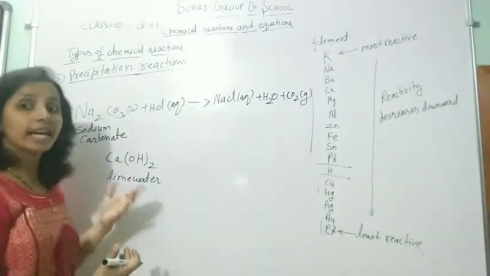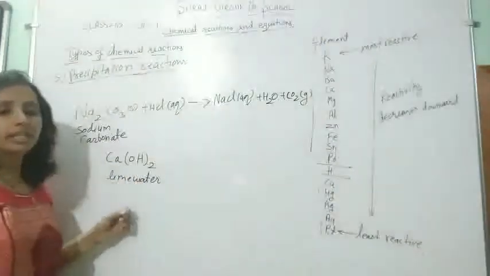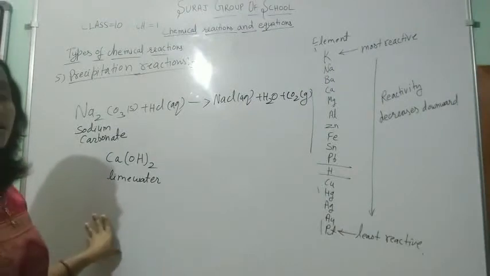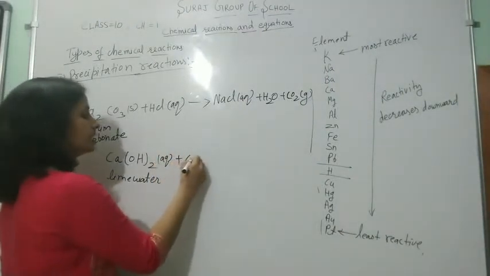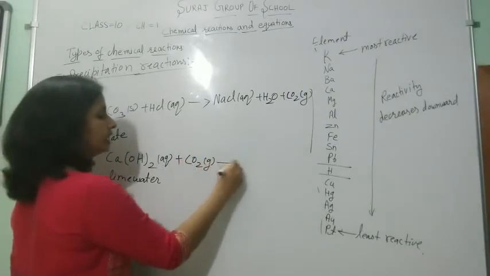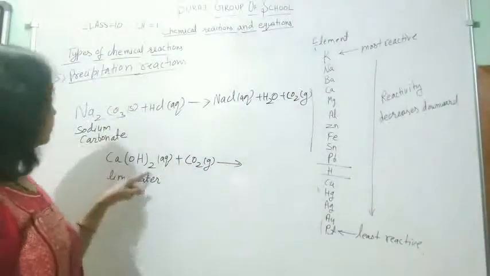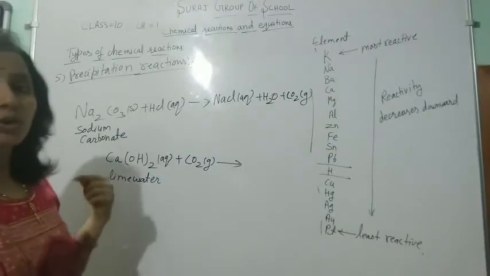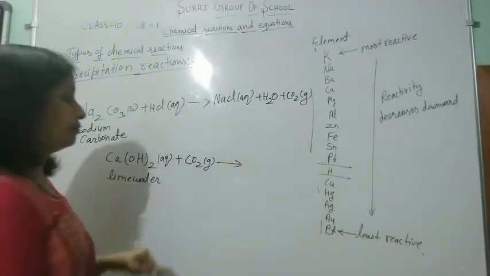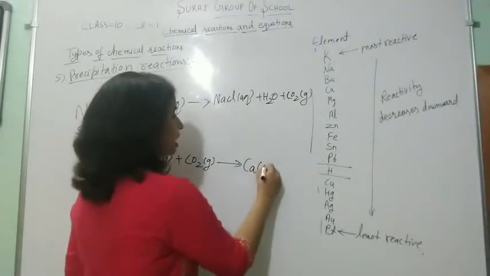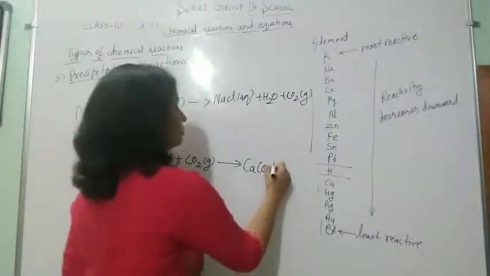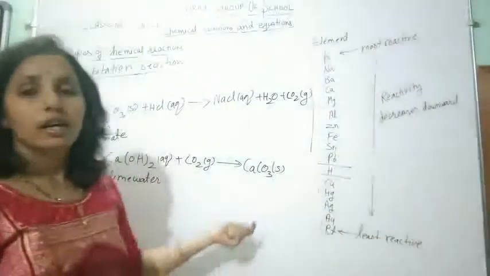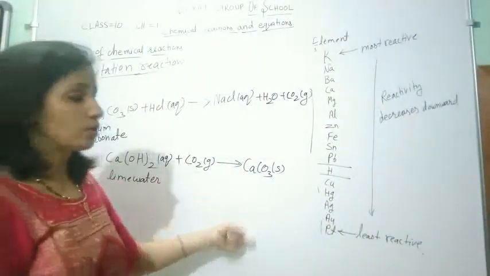It is an aqueous solution, and we pass CO2 gas into this. When we pass CO2 gas in lime water, it forms calcium carbonate, which is a solid substance, and milkiness appears in the solution.